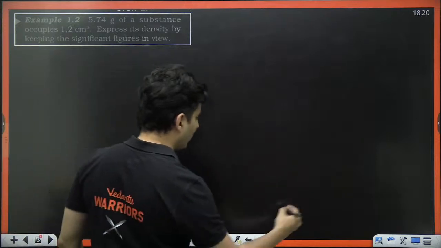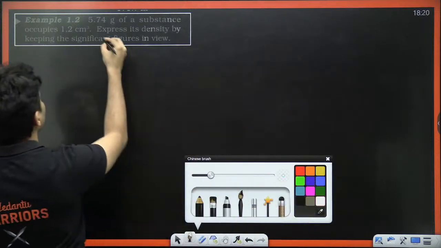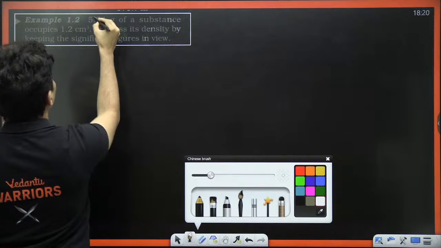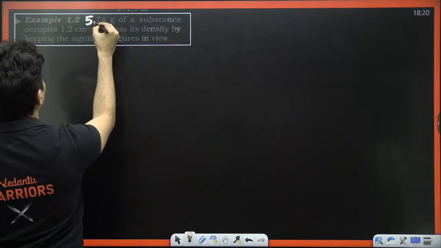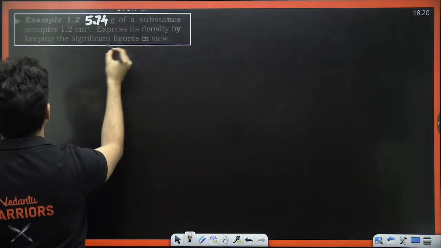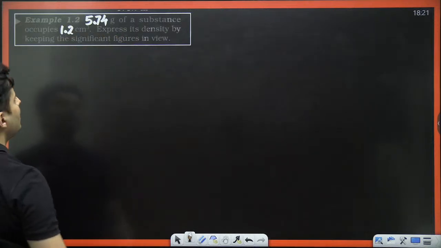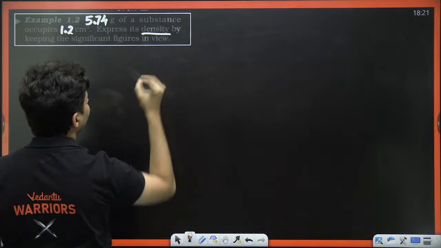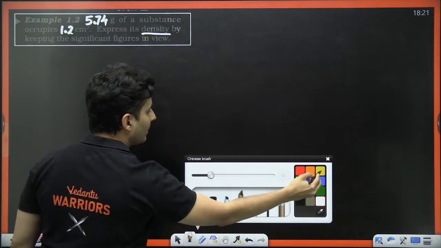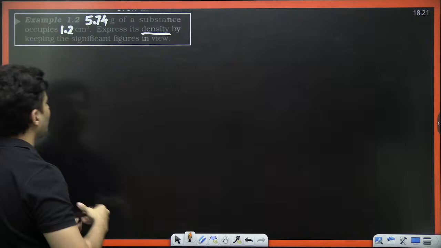Okay, so those of you who are not able to see it properly, maybe I can just put it over here. 5.74 grams occupies 1.2 centimeter cube. Express the density in correct significant figures.